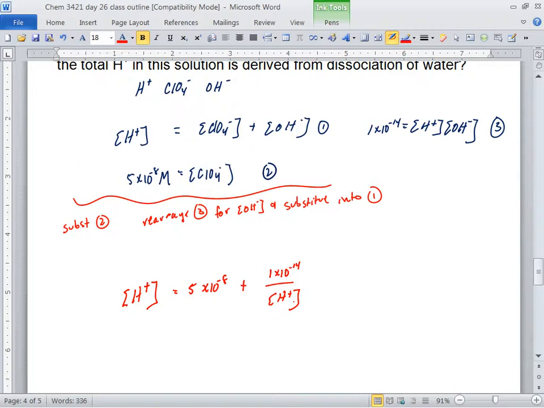So what would you do first here, Naya, in solving for this thing? So in solving this expression right here, what would you do first? Why multiply through by? I would multiply through by hydrogen ion.